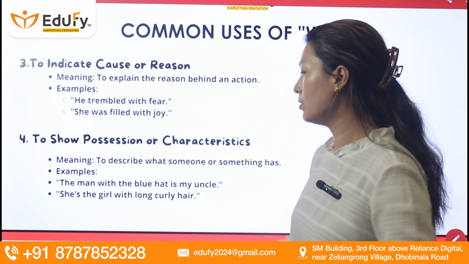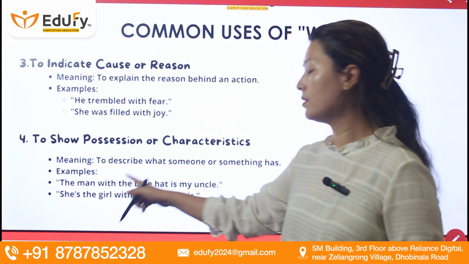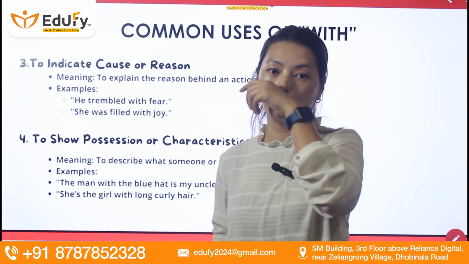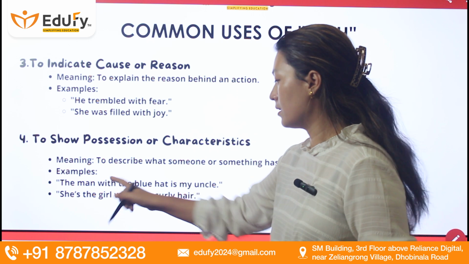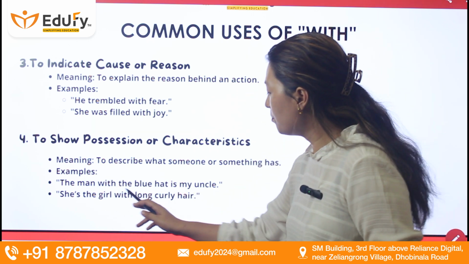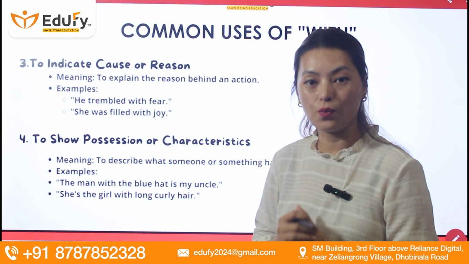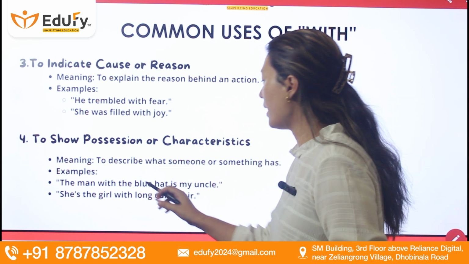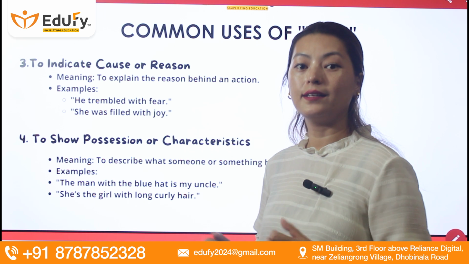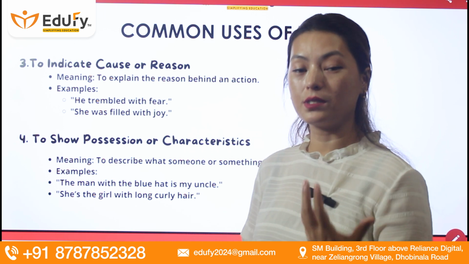For example, the man with the blue hat is my uncle. I have used the word "with" in this sentence to show that the man and the blue hat belong to one another. That means the blue hat is a possession of the man, and I am showing that possession through the preposition "with".